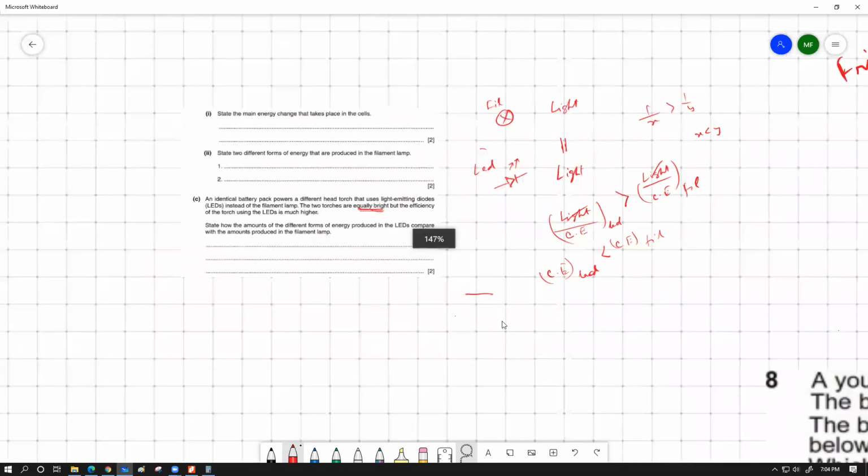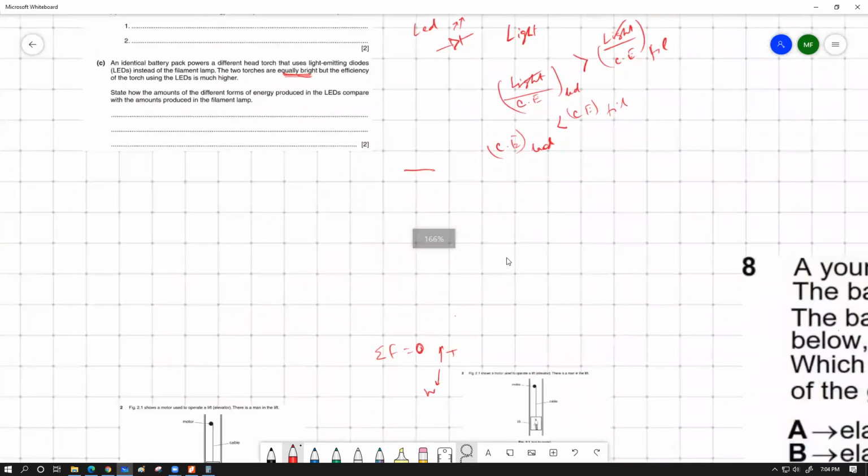So আমি যদি একটু ভিজুয়ালি এঁকে দেখাই, let's say this is the amount of light. Let me use a rectangle. Let's say this is the amount of light that both of these bulbs produce.